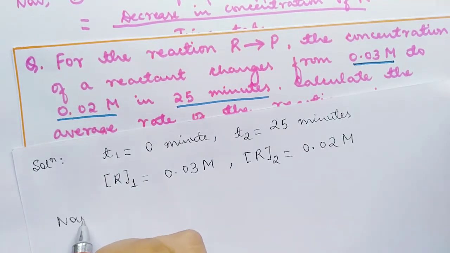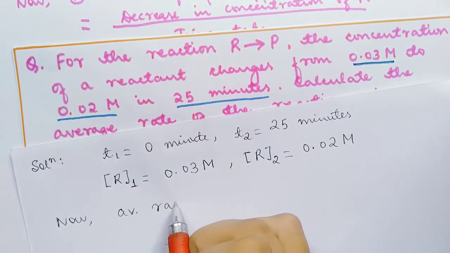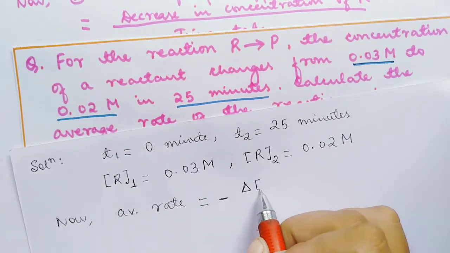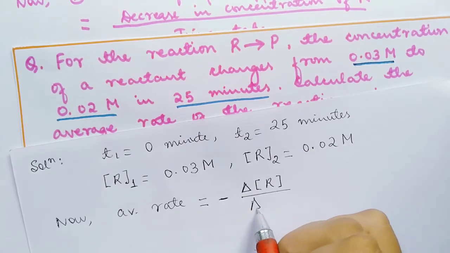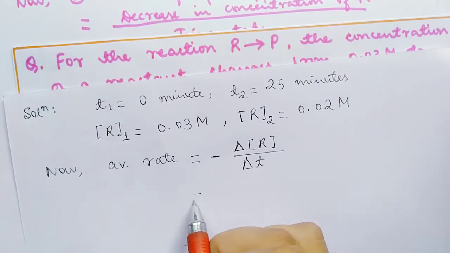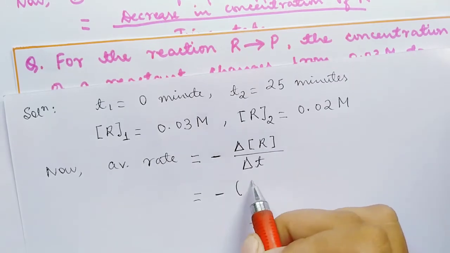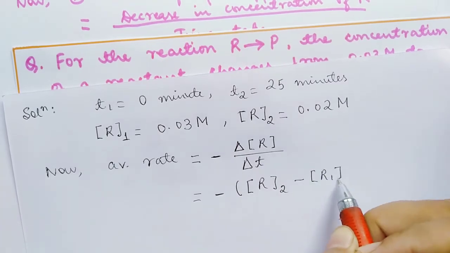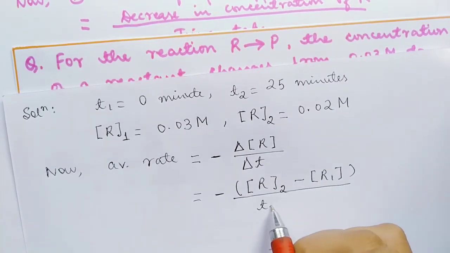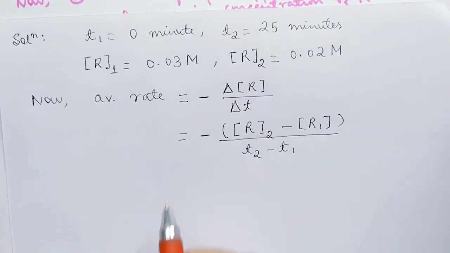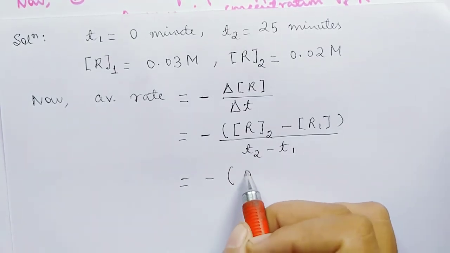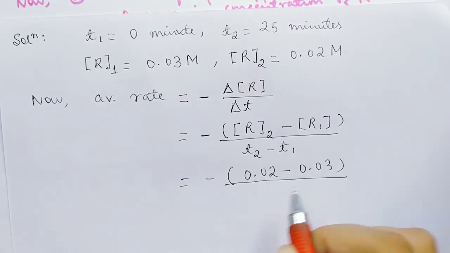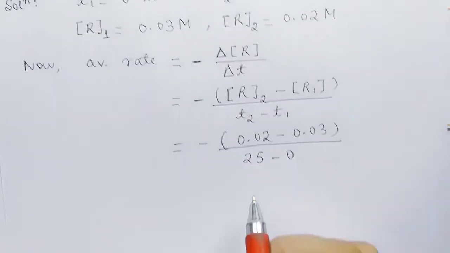Now, average rate of the chemical reaction is equal to minus change in the concentration of the reactant by change in time. Okay, minus this one is R2 minus R1 divided by T2 minus T1. 0.02 minus 0.03 by 25 minus 0.